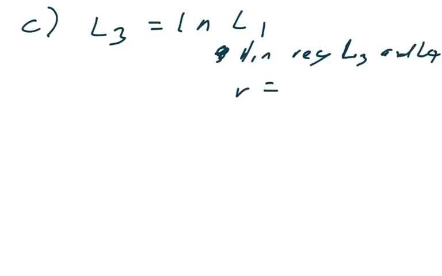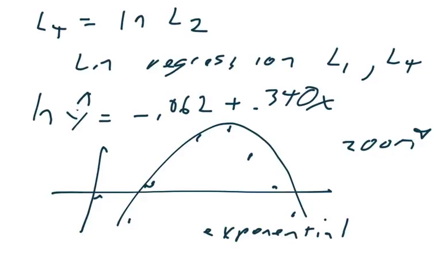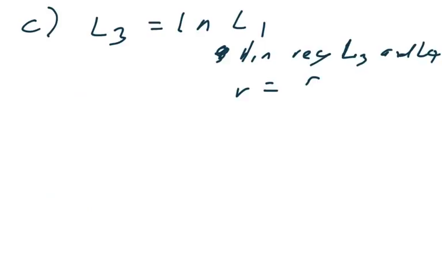My R, I forgot to get the R on the last one. The R over here was 0.990, and the R over here is 0.992.